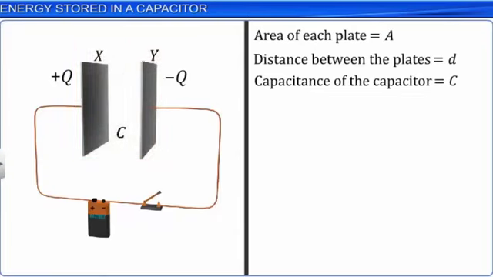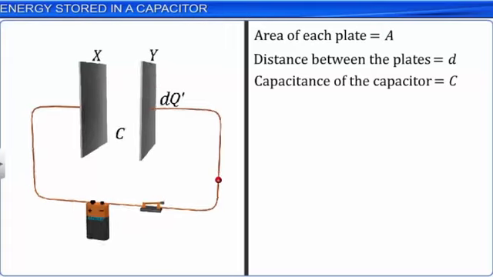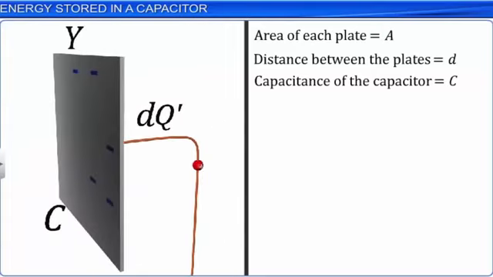Now imagine removing an infinitesimally small positive charge plus dq dash from the plate Y and transferring it to the other plate repeatedly. In this process, we see that the plate Y is getting negatively charged due to the buildup of excess negative charge on it, and hence the plate Y is at a lower potential.